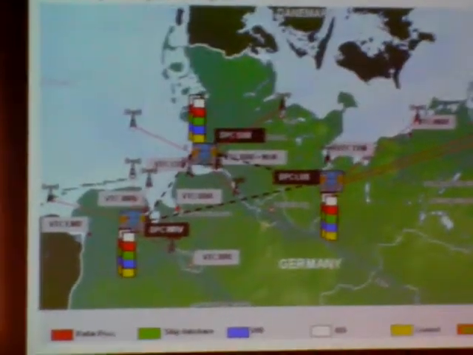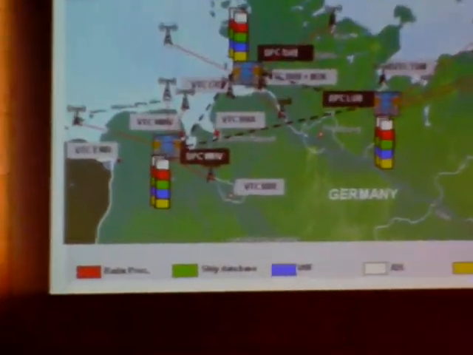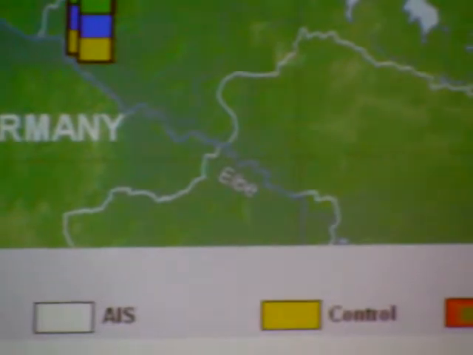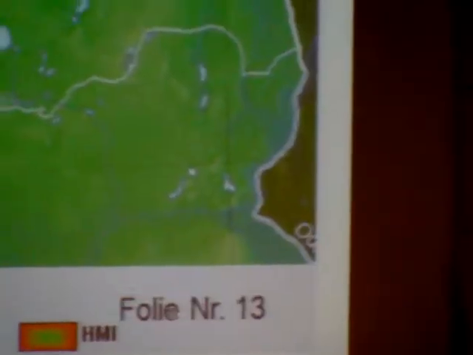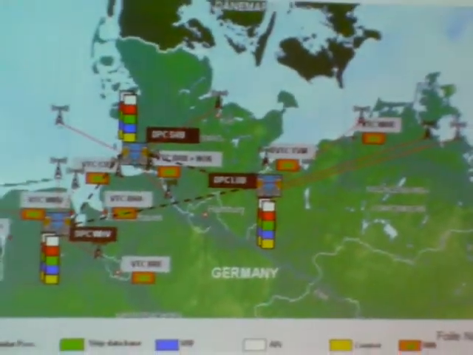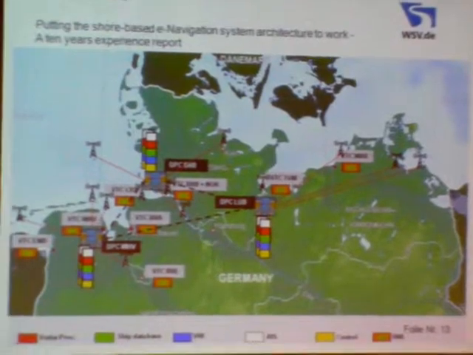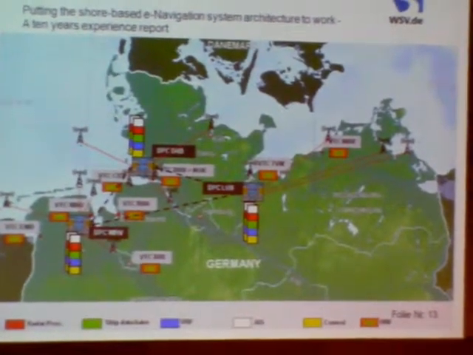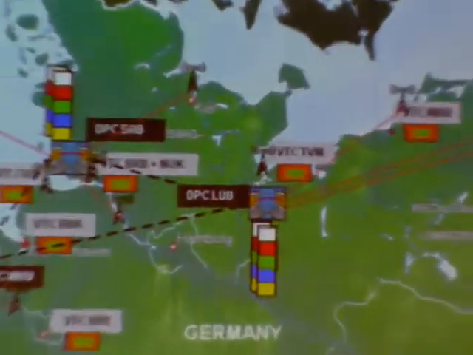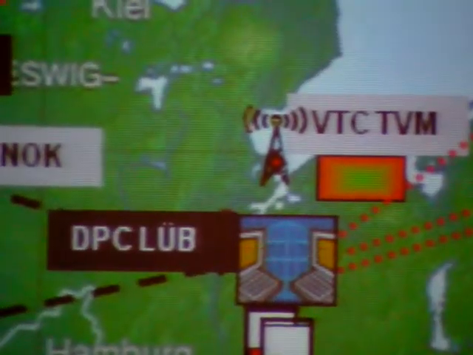Then we have to move all our equipment into these centers, and of course we have to connect the sensors and communication means to the centers again, and of course we want to leave our human-machine interface at our operational centers, and so we also have to connect them to the centers.